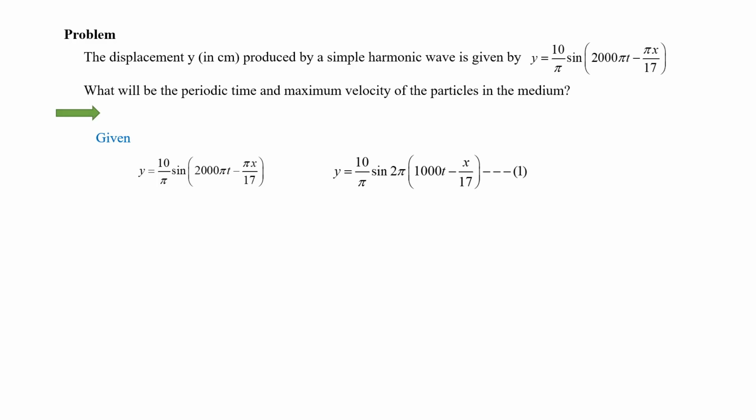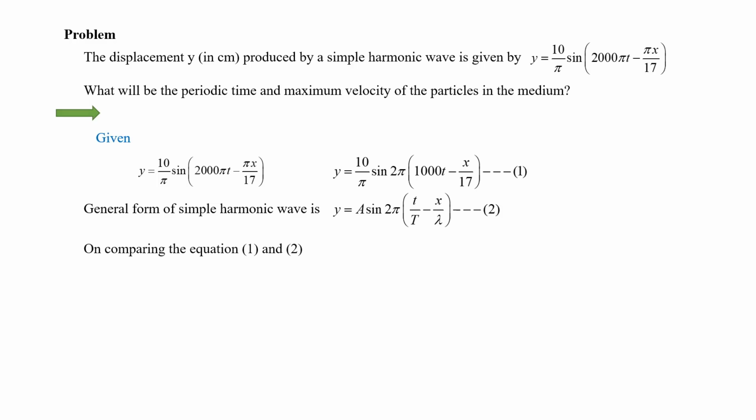We compare it with the general form of a simple harmonic wave, y equals a sine 2 pi of t by T minus x by lambda, that is equation 2. Comparing the a and t expressions, we get T equals 1 by 1000, which we can write as 10 power minus 3.